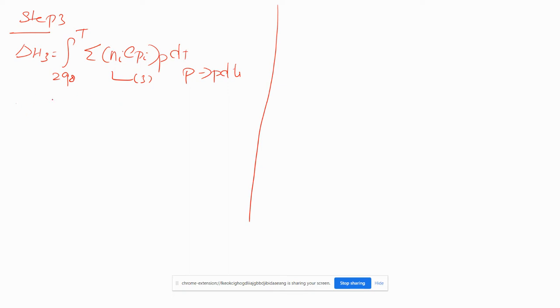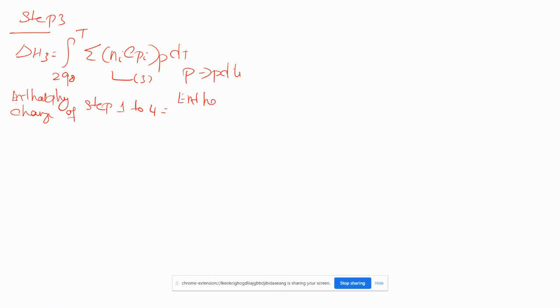So now the total enthalpy change, just a second. The total enthalpy change of step 1 to 4 can be written as the enthalpy change of step 1 to 2 plus step 2 to 3 plus step 3 to 4.